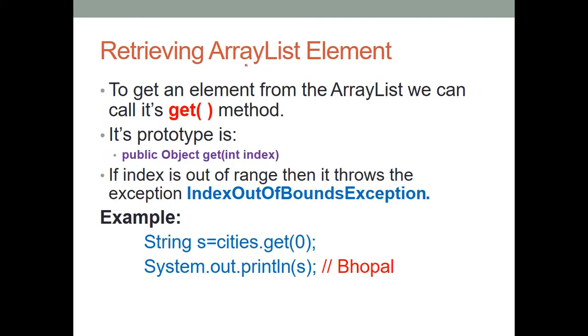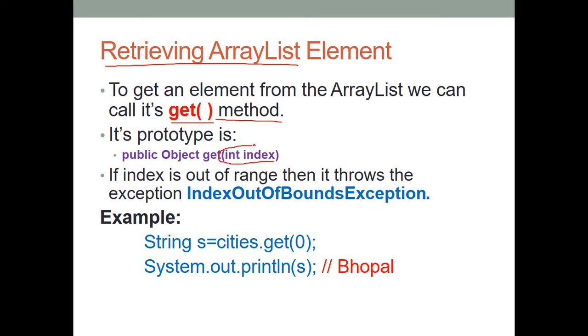Okay, retrieving an ArrayList element. How can you get an element of the ArrayList? If you want some data in the ArrayList, how can you get it? Through the get method we can get the data inside the ArrayList. The prototype is public Object get(int index).